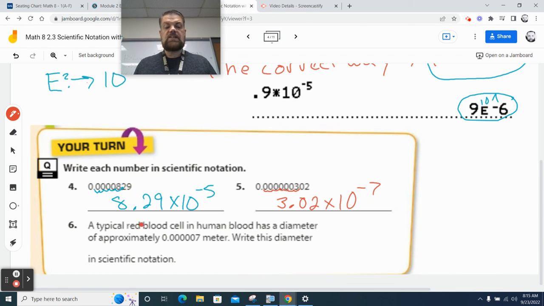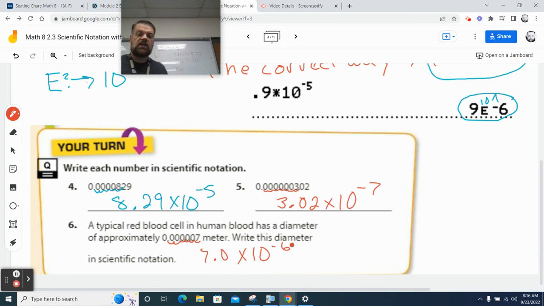And then this one says a typical red blood cell in human blood has a diameter of approximately a bunch of zeros and 7. So let's count. 1, 2, 3, 4, 5, 6. So it's 7.0 times 10 to the negative 6. Let me double check that one just to make sure. Yeah. Oh, meters, right? Because they say meters. Just say meters. All right. Any questions on that one?